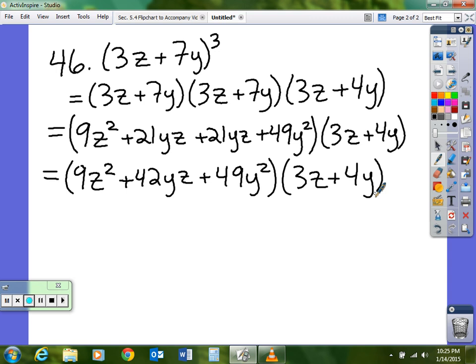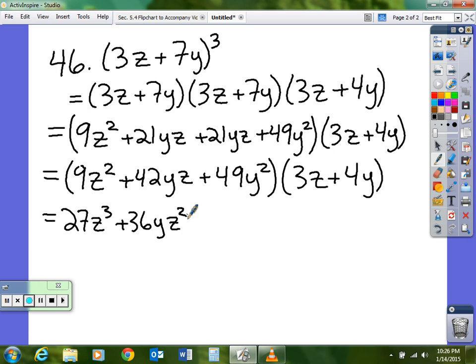Let us multiply 9z squared by each of the two terms in the parentheses at the right. 9z squared times 3z is 27z cubed. 9z squared times 7y is 63yz squared.